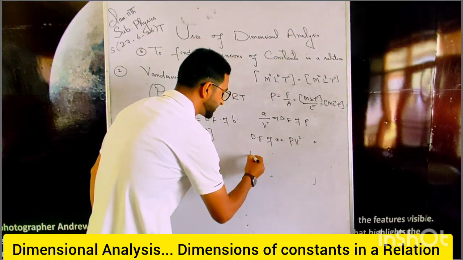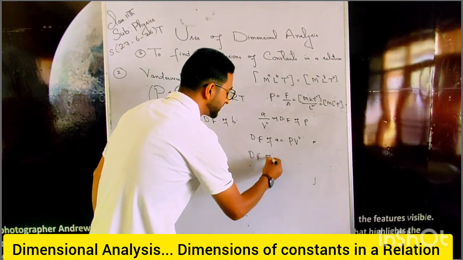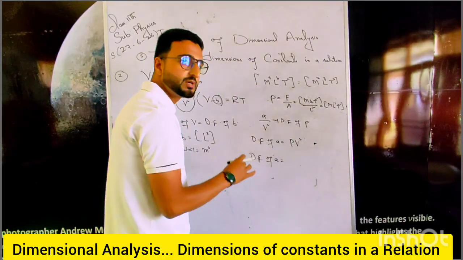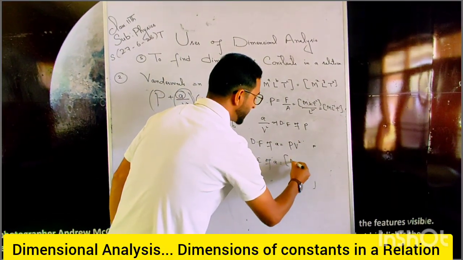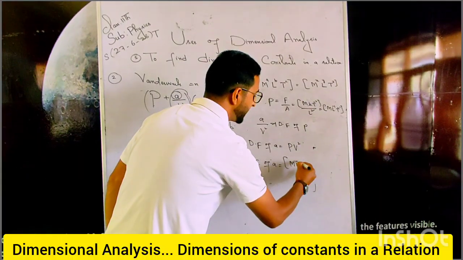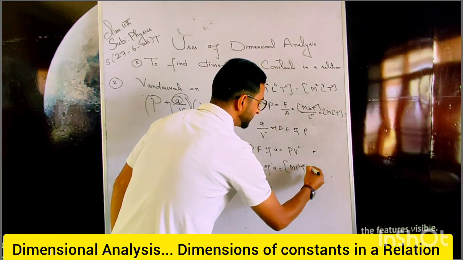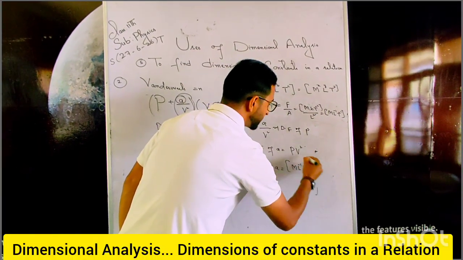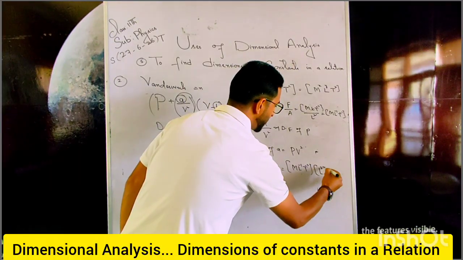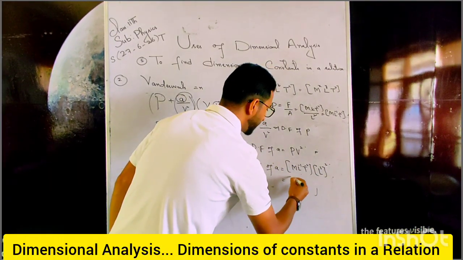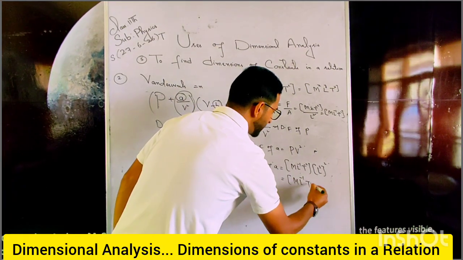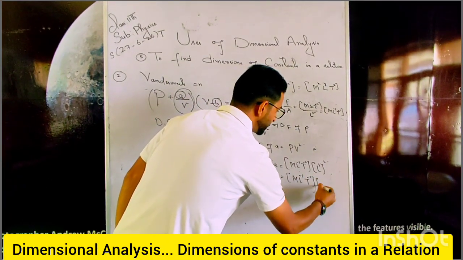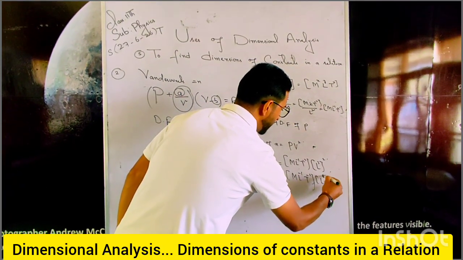Now let's try to find out the dimensional formula of A. So this will be the dimensional formula of pressure times volume squared. Pressure की dimensional formula है m L power minus 1 T power minus 2. What is the dimensional formula of volume? It is L power 3 और इसका square है. ठीक है? तो मैं इसको ऐसे simplify करूंगा. m L power minus 1 T power minus 2 और यहाँ पे आ जाएगा L power 6.